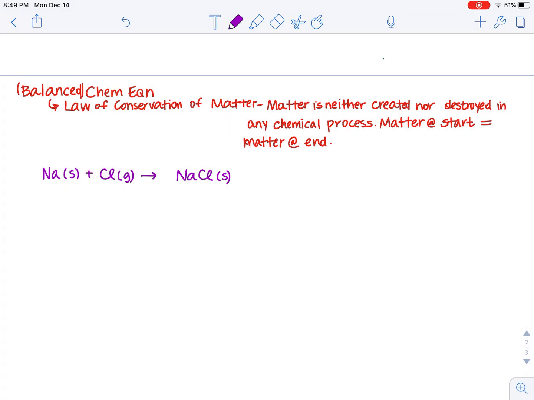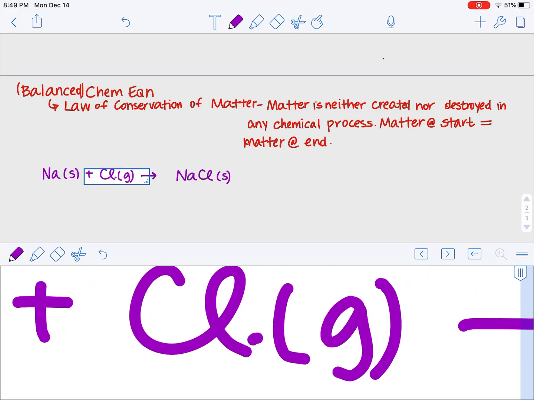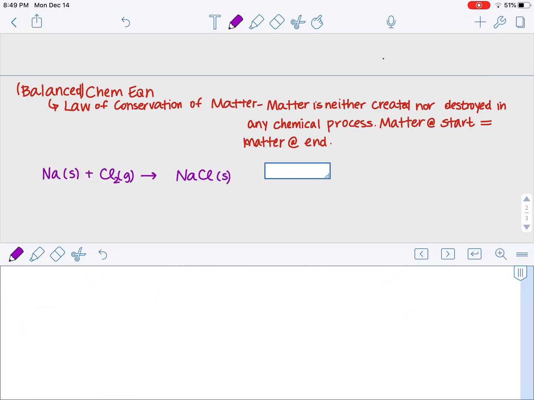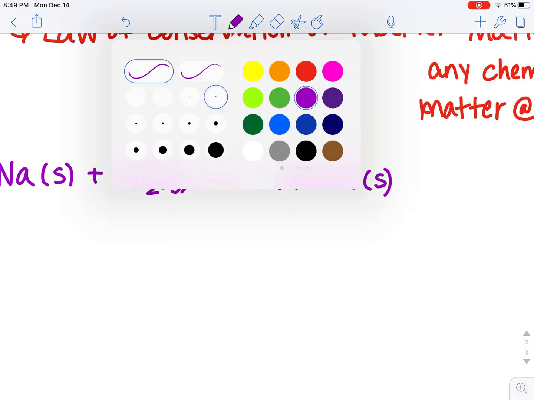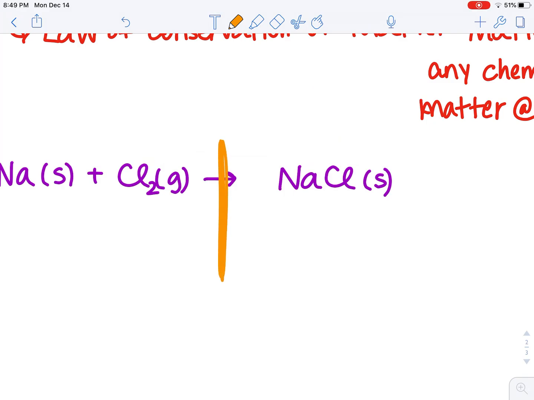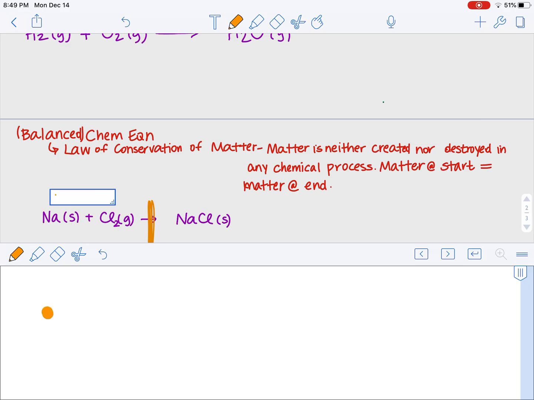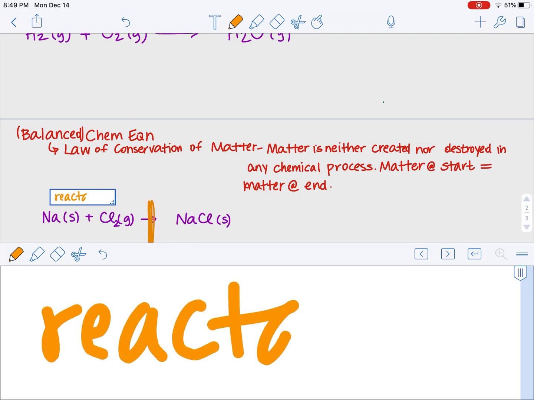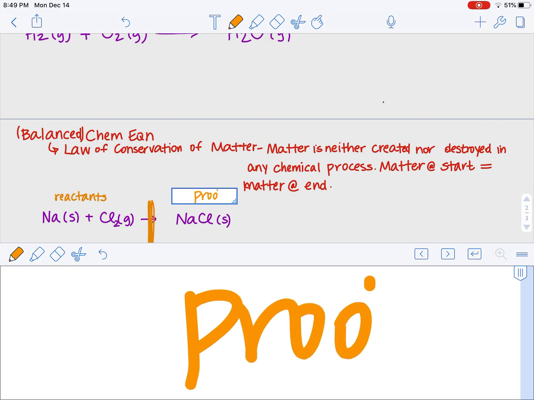And we had said that perhaps you're able to look at this, and note that the matter we start with and the matter we end with are not the same. Well, first things first. The yield sign is dividing what we're starting with versus what we're ending with, right? Reactants are what we start with, and products are what we end with.